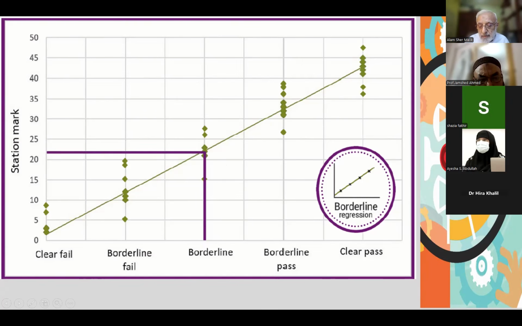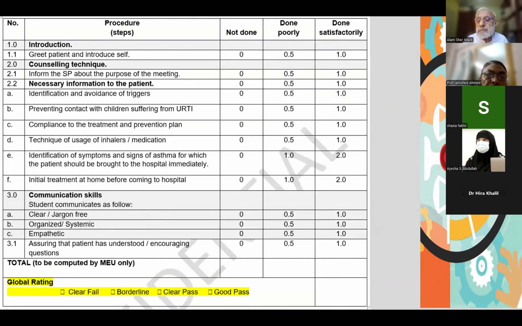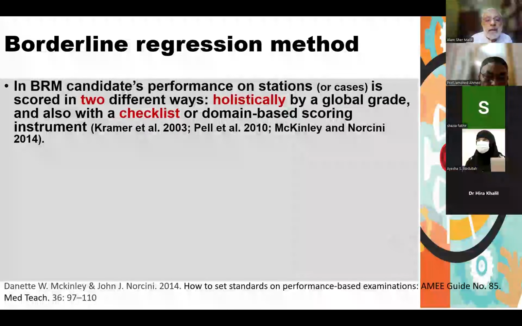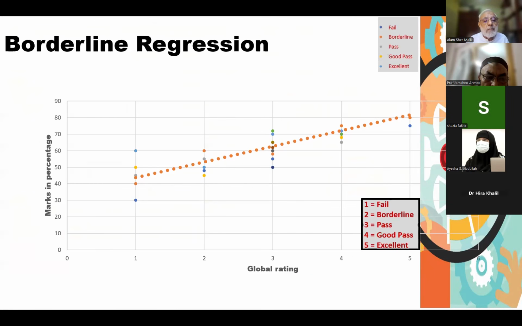So in summary, we mark the students on this mark sheet according to the checklist, as well as give the global rating, and at the end we plot the marks against the global rating, and in that way we come up with the minimal competence, or the minimum marks required to pass the exam.